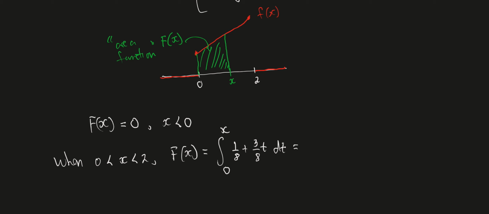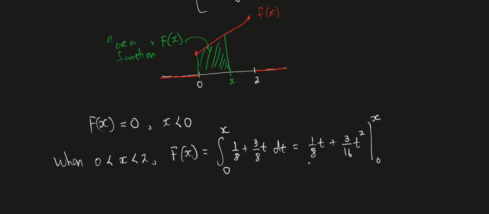Now, this part of it is pretty routine, so let's integrate. The integral of 1/8 with respect to t is 1/8 t. Then the integral of 3/8 t is 3/16 t squared. And then we're going to evaluate it from 0 to x.